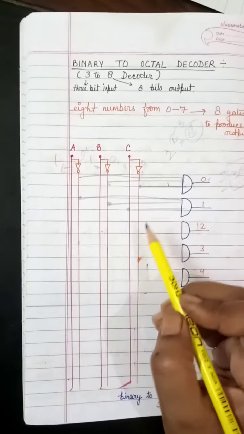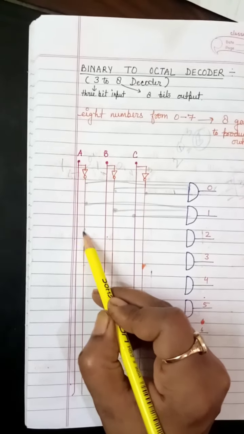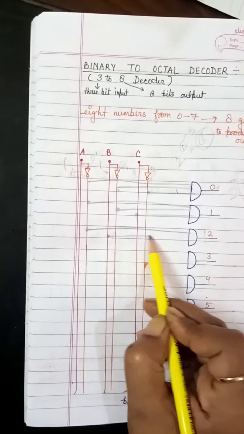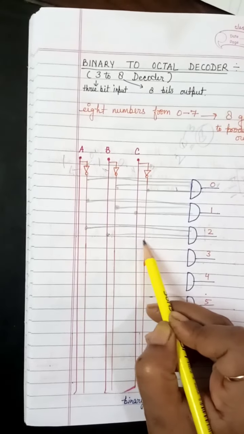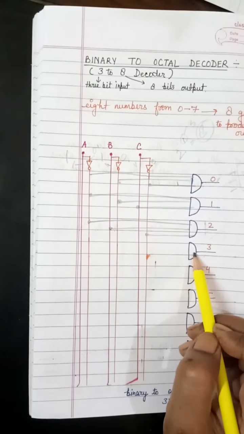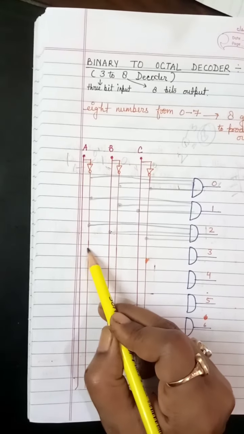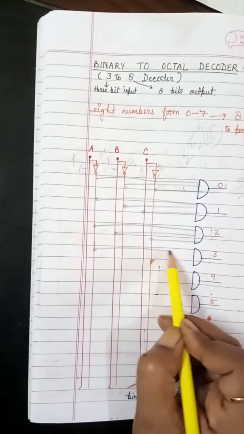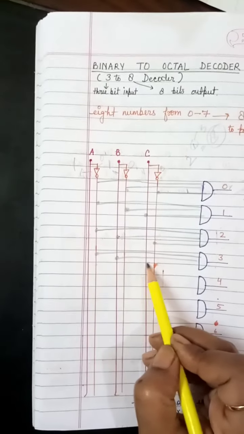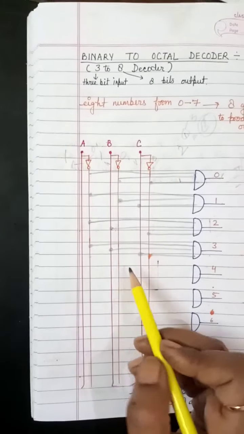Then 2, 0 1 0. So 0, 1, again 0. Then 3, 0 1 1. This will be 0, 1, 1.